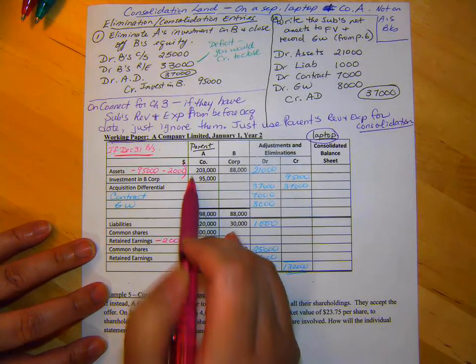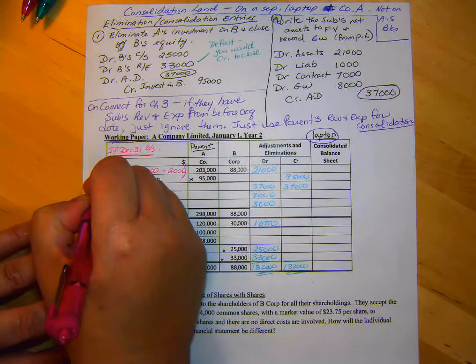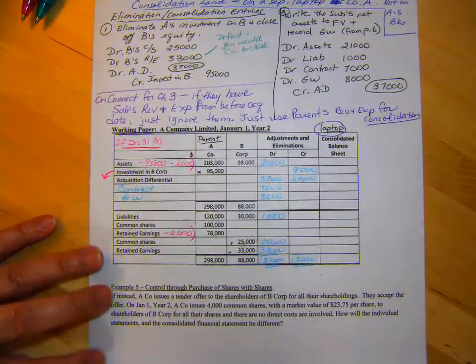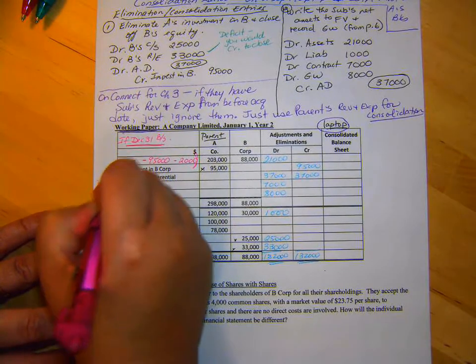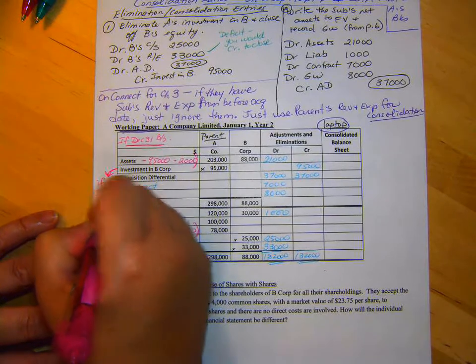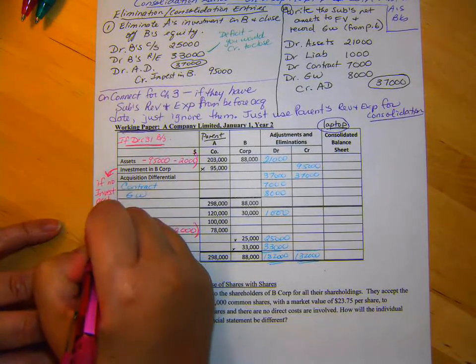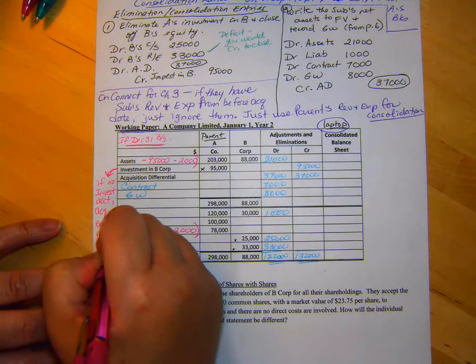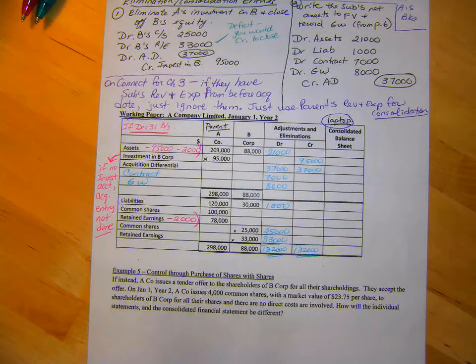Yeah. So watch for that too, because sometimes they won't tell you. You have to look at it and understand what's happened. So if no investment account, acquisition entry is not done. Okay? So that's just little things.